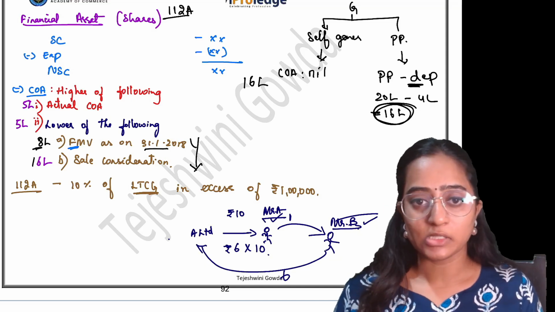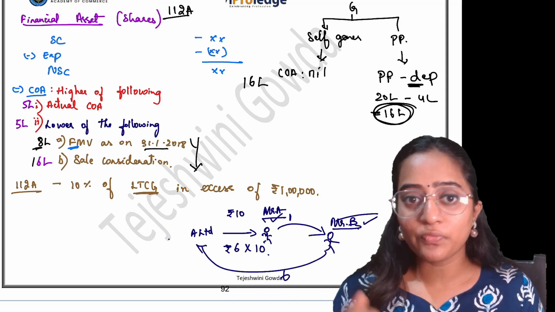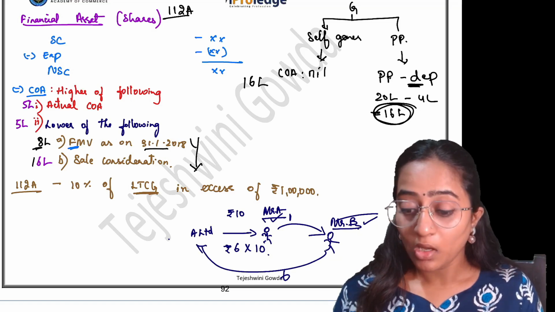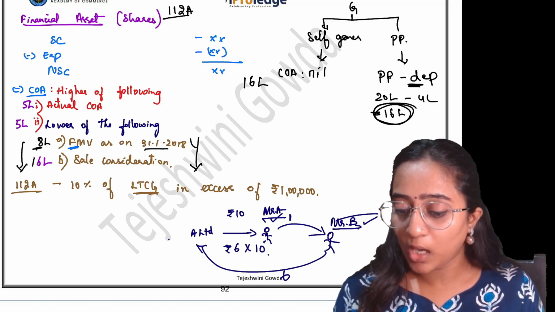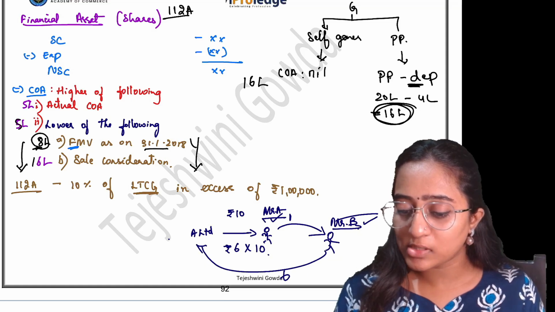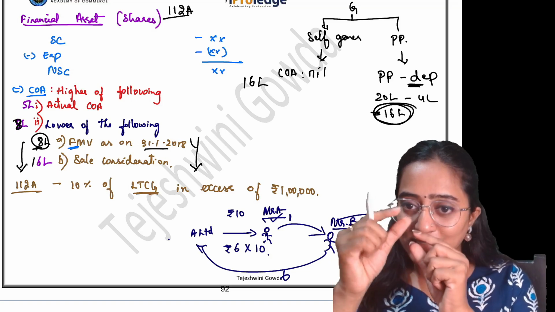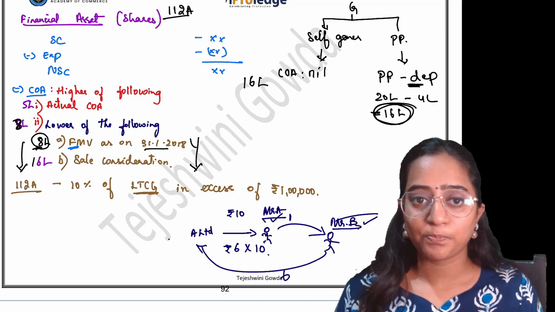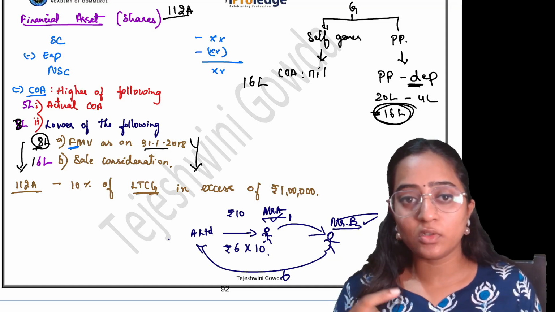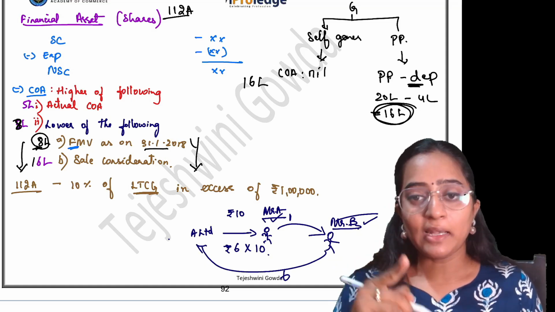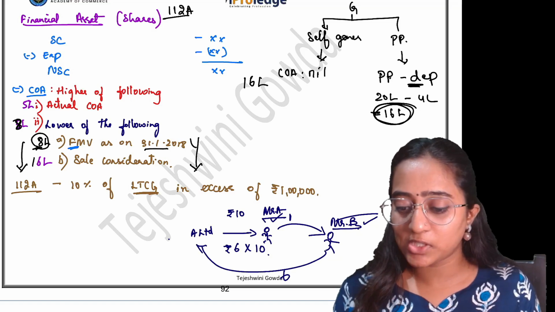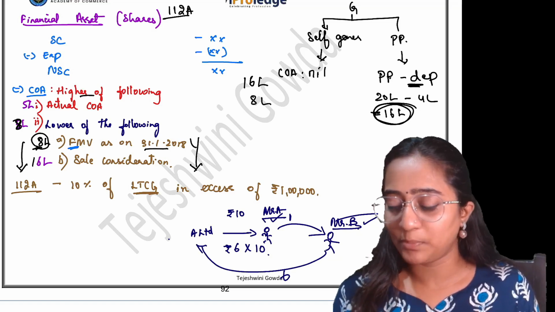Sale consideration being so, now I will consider the lower of the following. That is 8 lakh over here. I am going to consider 8 lakh as the answer selected from the lower of the two points. The actual cost of acquisition would be 5 lakh. 5 lakh or 8 lakh, obviously we are going to select whichever is higher. So 8 lakh would be exempt.